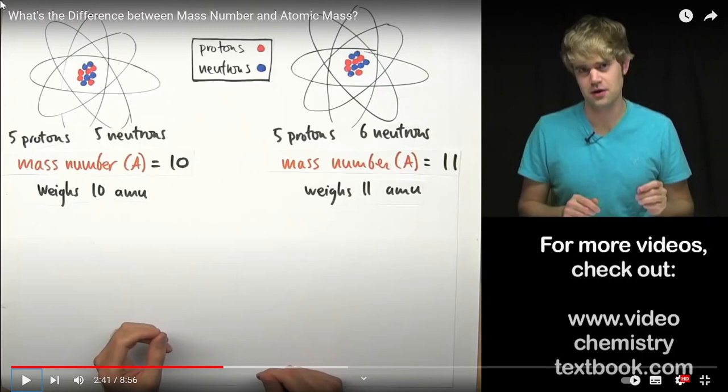All right, what do you have to look at to tell which element it is? You have to look at the number of protons. Protons tell you which element. So if we have 5 protons, what number on the periodic table is 5?